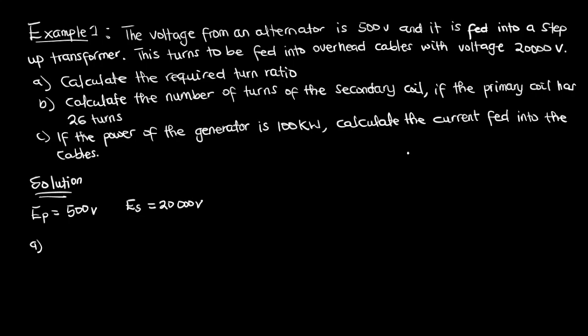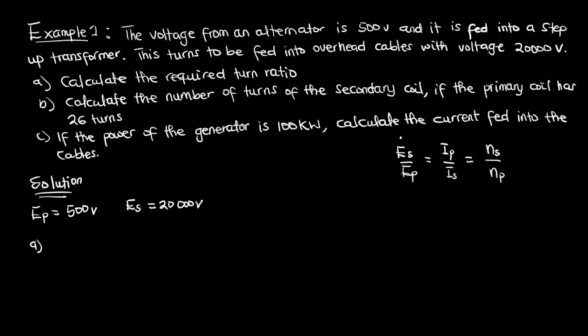Okay, so A, we are to calculate the required turn ratio. In our previous video when we looked at transformers, we said that the ratio of the secondary voltage to the primary voltage is equal to the ratio of the primary current to the secondary current, which is also equal to the number of turns in the secondary coil to the number of turns in the primary coil. This is the expression that we have.